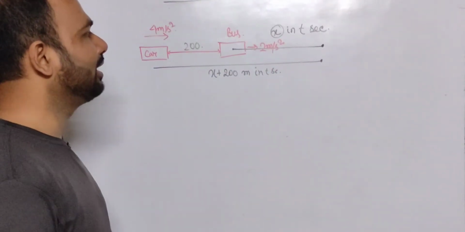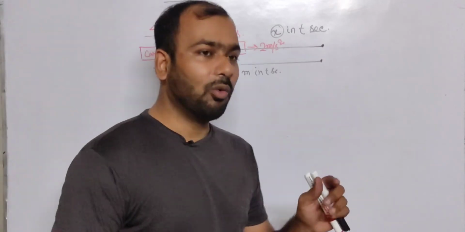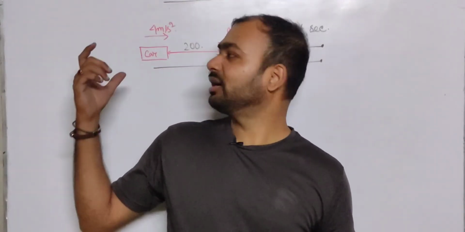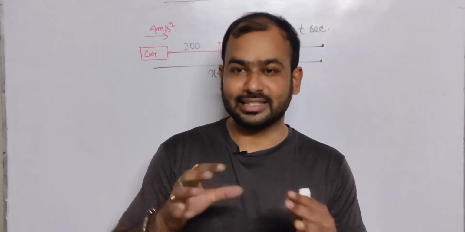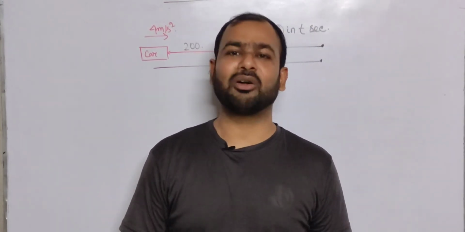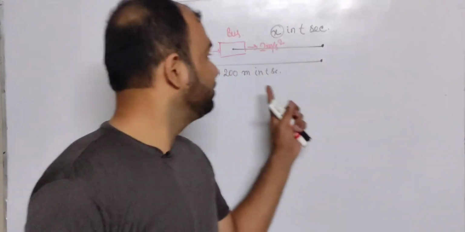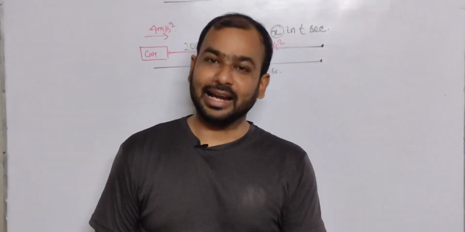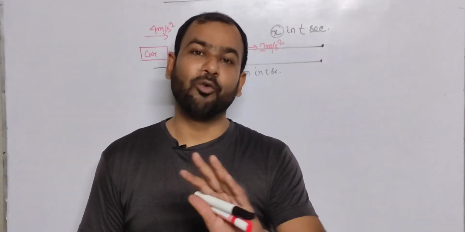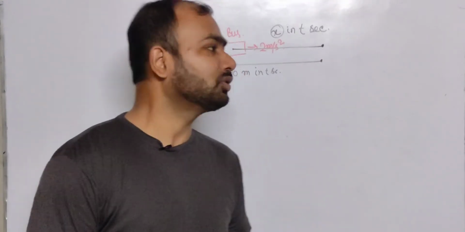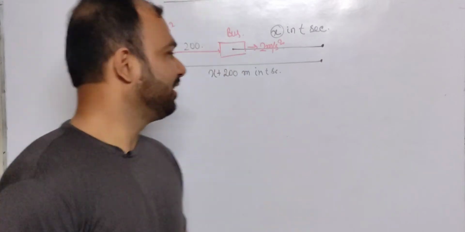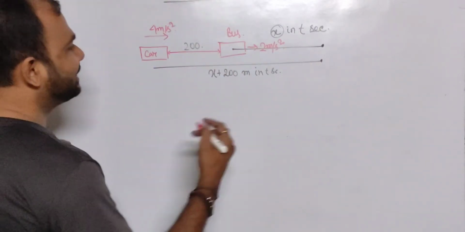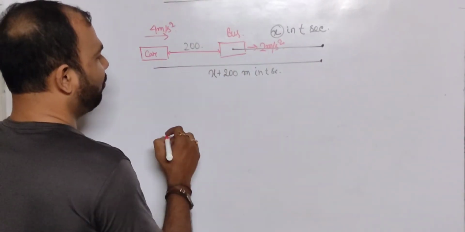In that question, I told you that if the car overtakes the bus, the displacement of the car is greater than or equal to that of the bus. At that situation, the car will overtake the bus. Now, we have to find the displacement for the car.